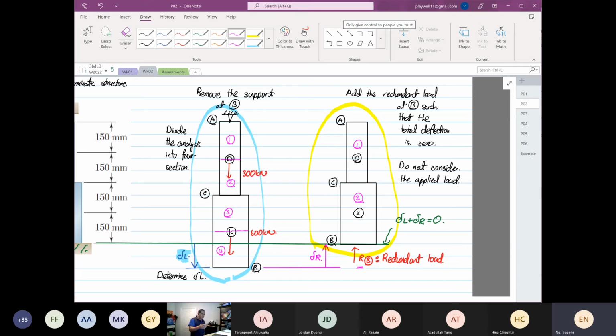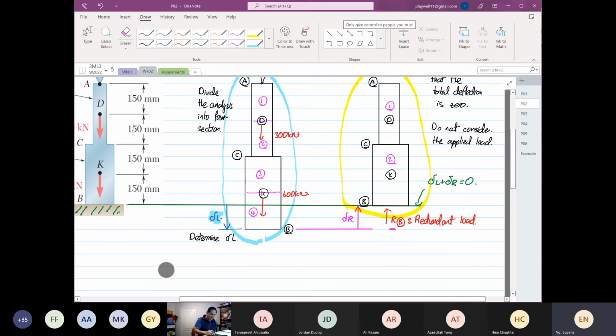So this is how we are going to divide our structure when we remove the support and then push back. We only need to divide by 2, because we do not need to consider the applied load when we add the redundant load. Okay, so let's do the analysis now.